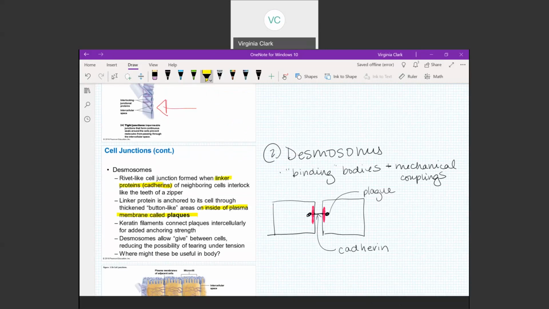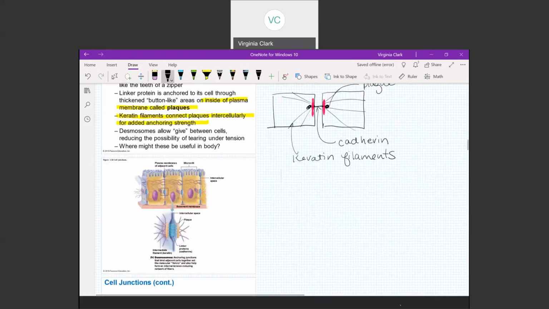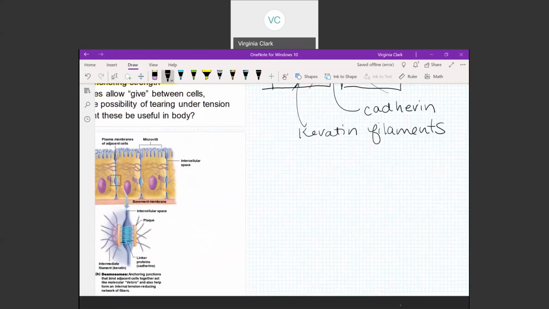And then the other thing is there are going to be some keratin filaments inside the cell for added strength. So that means inside this cell, there are going to be some proteins that are holding this guy together so he doesn't pull apart. These are going to be your keratin filaments. They're added strength. So your desmosomes are going to be screwed together. So here's your cadherin, here's your plaque, and here's your keratin filaments.